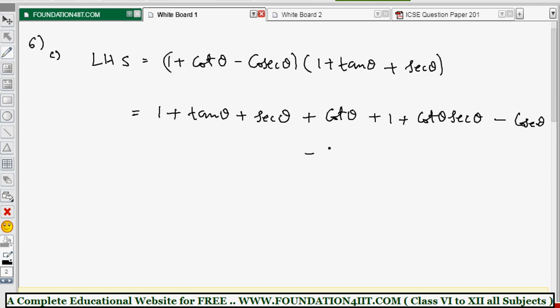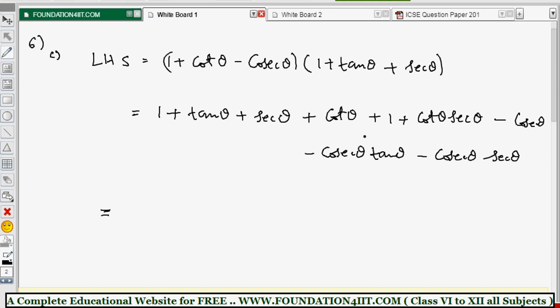Minus cosec θ into tan θ is cosec tan, minus cosec θ into sec θ. Okay, just write. Now we can convert; we'll take tan and cot together first.